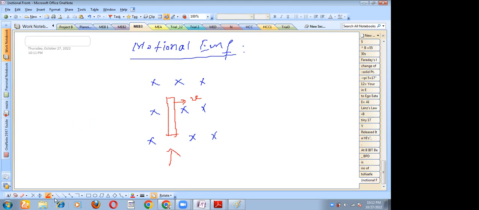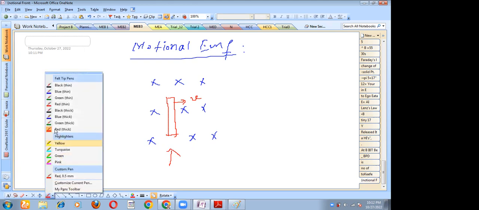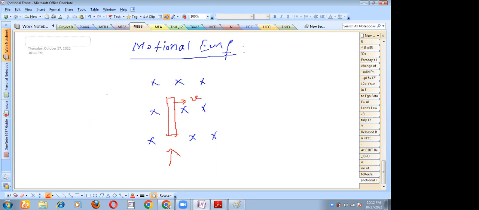Due to this cutting of magnetic flux, EMF is induced across the rod, and this phenomenon is known as motional EMF, the phenomenon of induction of EMF. Whenever a rod is moving like this, this end will be positive.